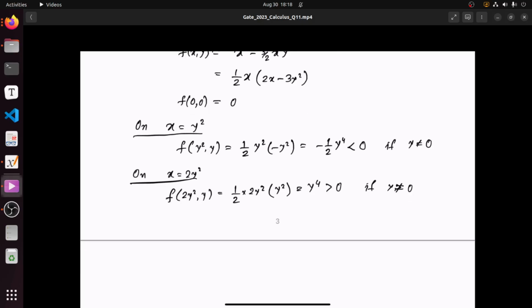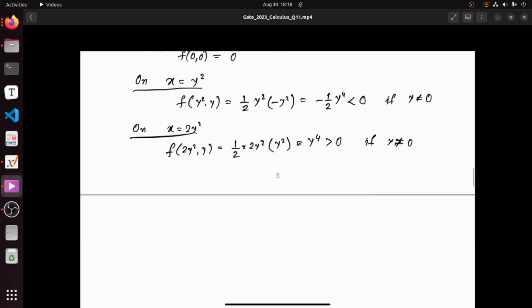So this function changes sign; it is not uniform. It means f(0,0) is 0, but in a neighborhood it takes both values greater than 0 and less than 0. So (0,0) is not a local maximum or minimum. So from here we can conclude that (0,0) is a saddle point of f, right?